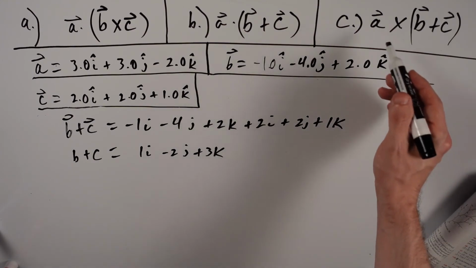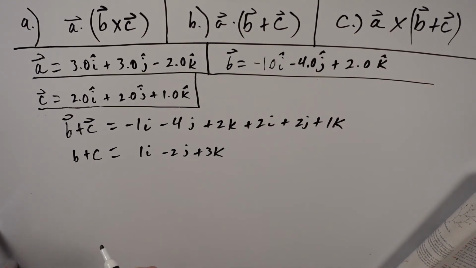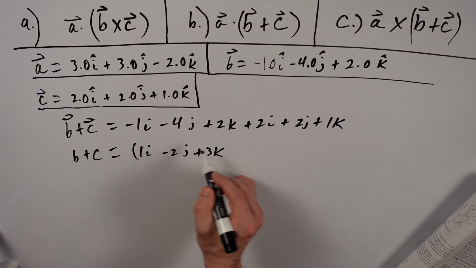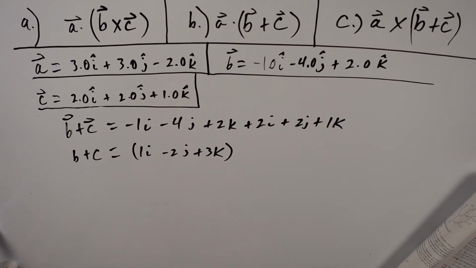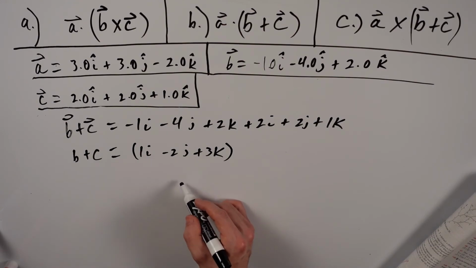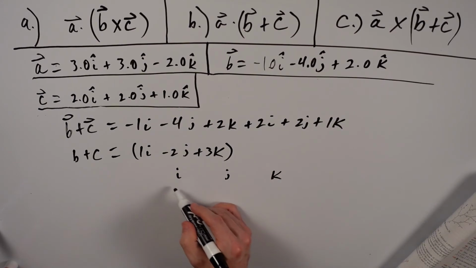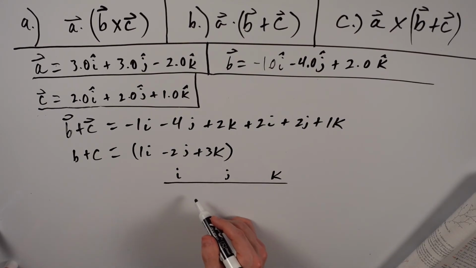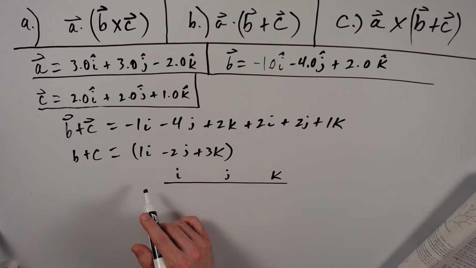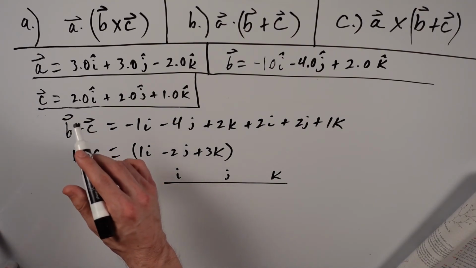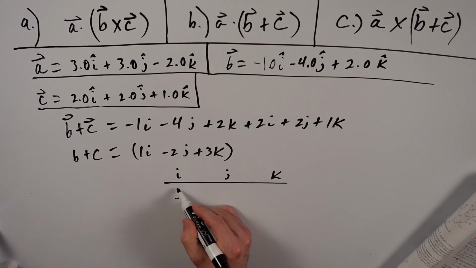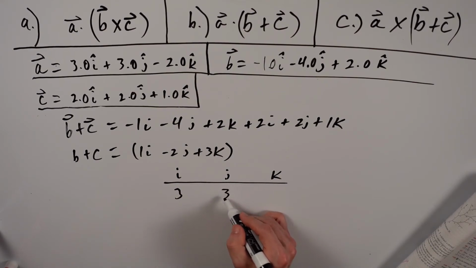Okay, so then we're going to cross this with A. So now you have to do A cross this. Remember, again, we have to do our little matrix table. So we take I, J, K, and we're doing A, so you get 3, 3, minus 2.